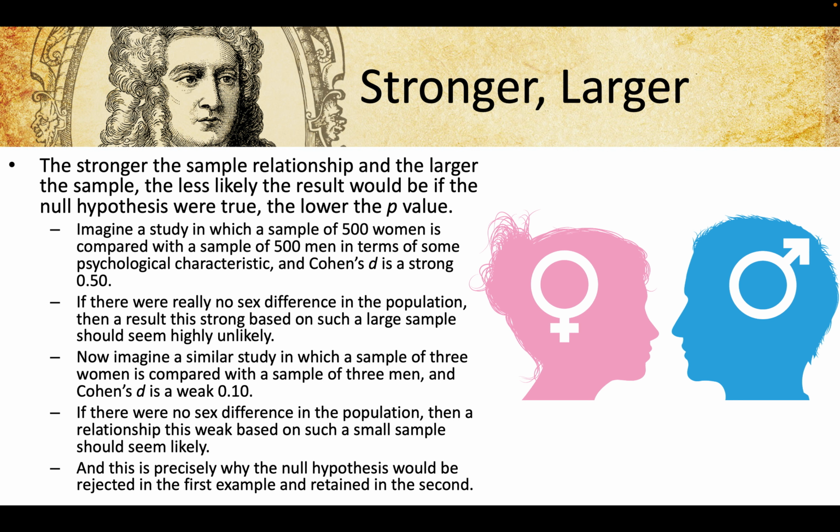Now imagine a similar study in which a sample of 3 women is compared with a sample of 3 men, and Cohen's d is a weak 0.10. If there were no sex difference in the population, then a relationship this weak based on such a small sample would seem likely. And this is precisely why the null hypothesis would be rejected in the first sample and retained in the second.